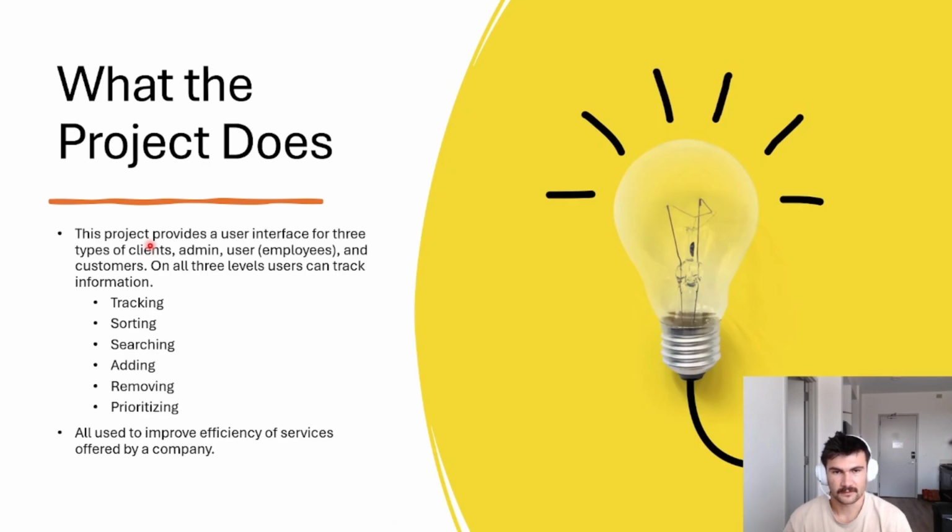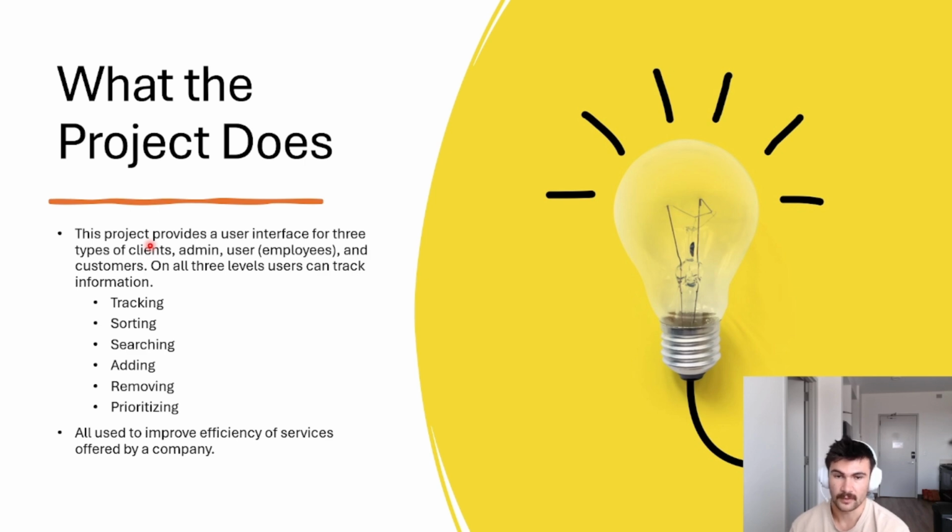So what the project does, it provides a user interface for three different types of clients: an admin, a user or employees, and customers. On all three levels, they can do not the same thing, but they can track, sort, search, add, and prioritize. Customers cannot remove.